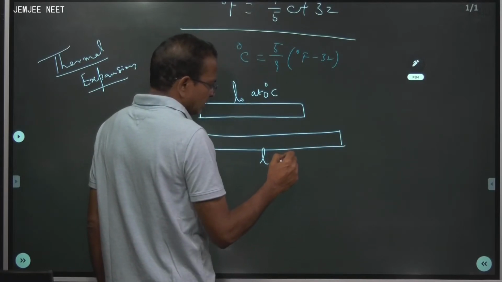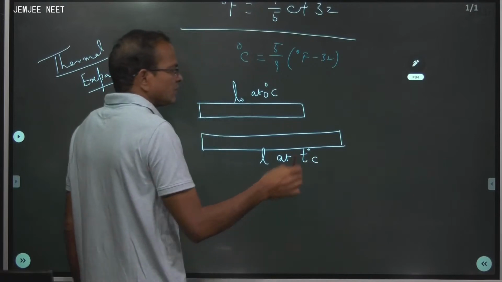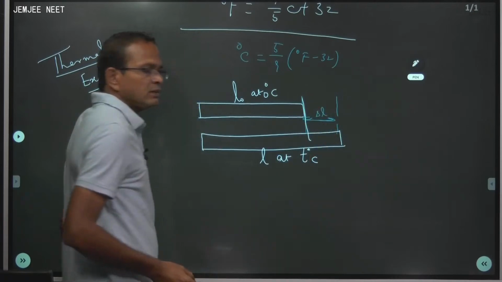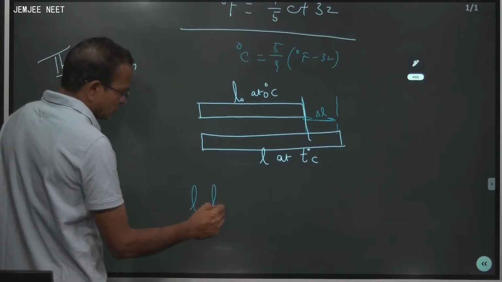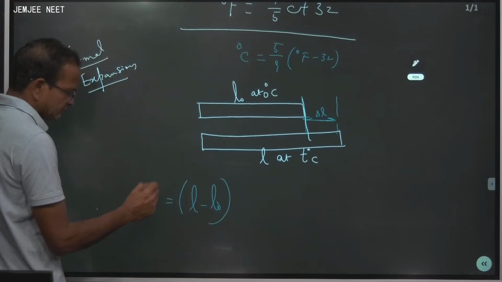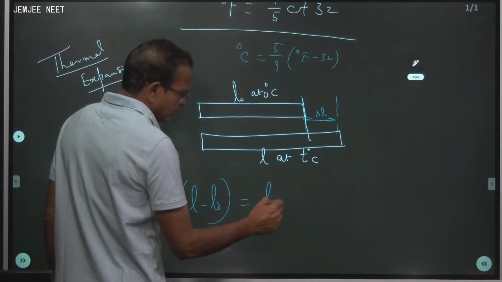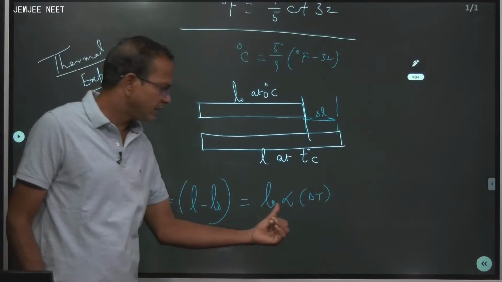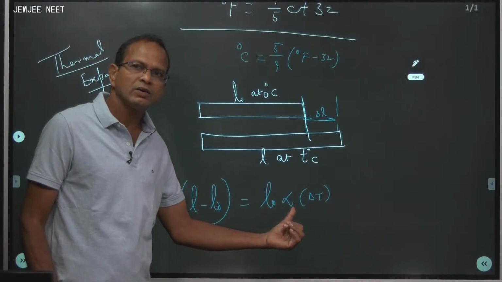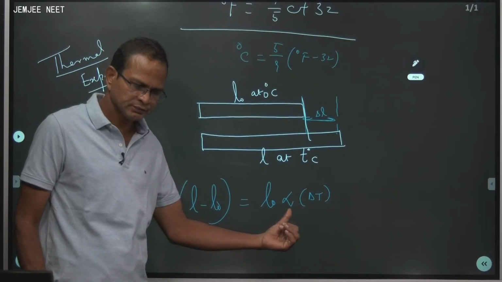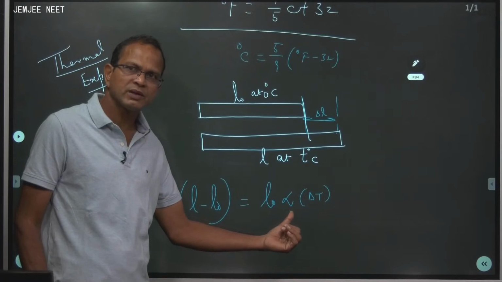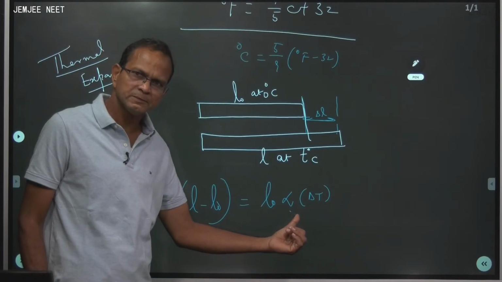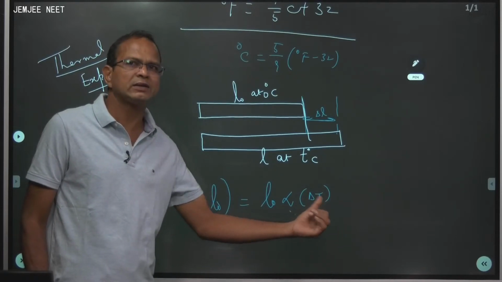Length L at T degree Celsius. So this is the increase in length, delta L. L minus L0, what we call the increase in length, is equal to L0 alpha delta T, where L0 is the initial length at 0 degree Celsius, alpha is the temperature coefficient of thermal expansion of the solid, and delta T is the rise in temperature.